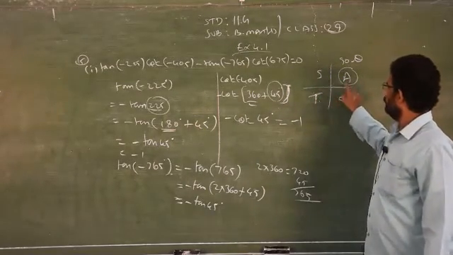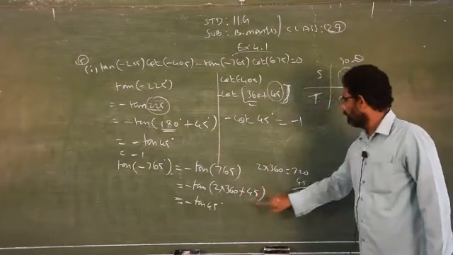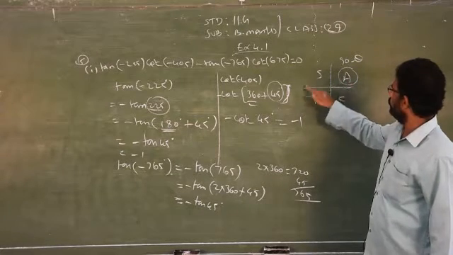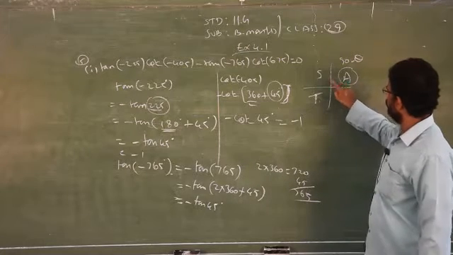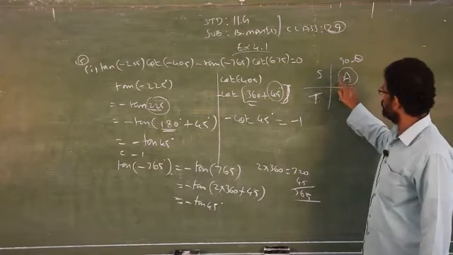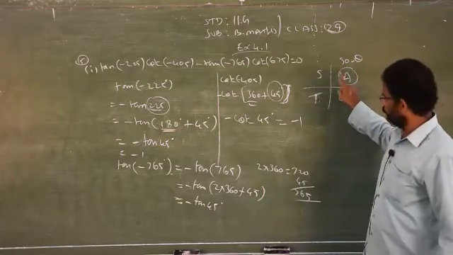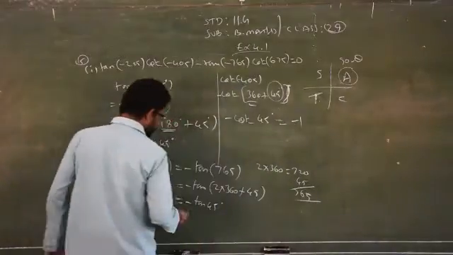So one time, second time, and then 45. Therefore 2 into 360 is 720, 360, another 360, 360 plus 45. 45 comes in which quadrant? First quadrant. In the first quadrant, all the ratios are positive, therefore plus into, already we have minus, plus into minus, minus, minus 1.